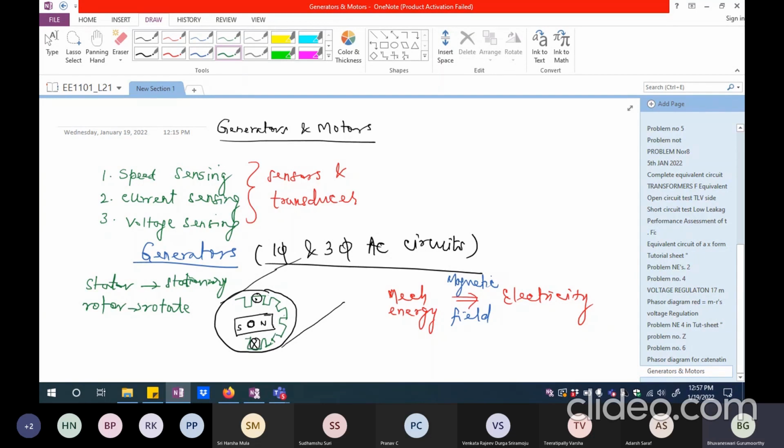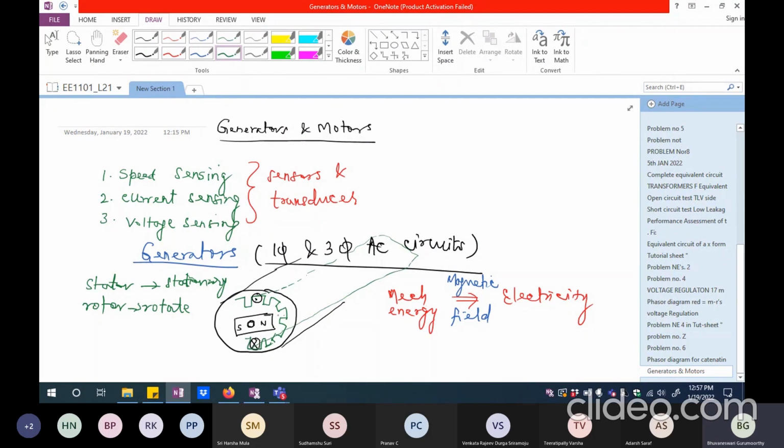Once the slots are carved, you are going to put the conductor into that. The conductor is going to go like this into the machine, and then it may turn around like this and then come out through this portion. So this is how the conductors are going to be placed within the machine, the stator.